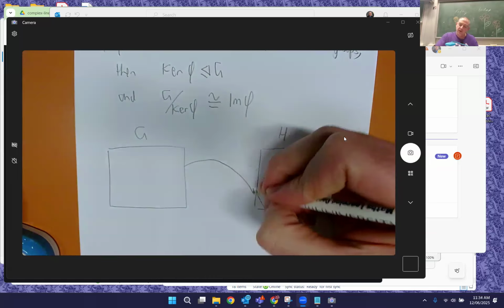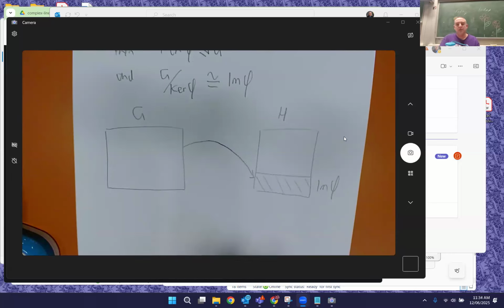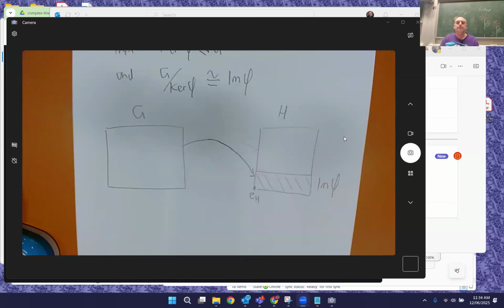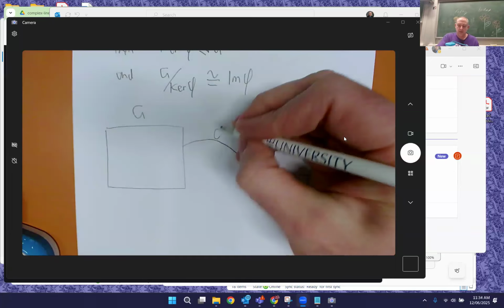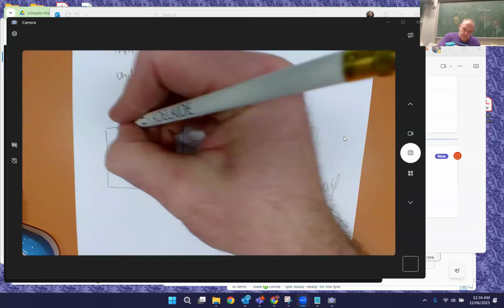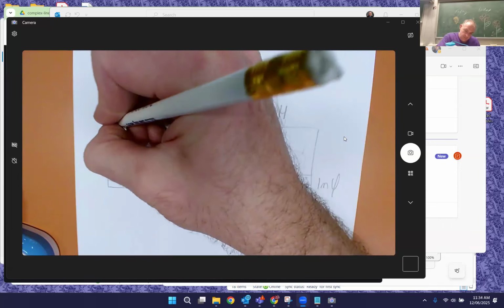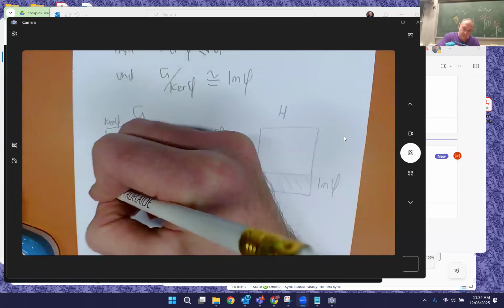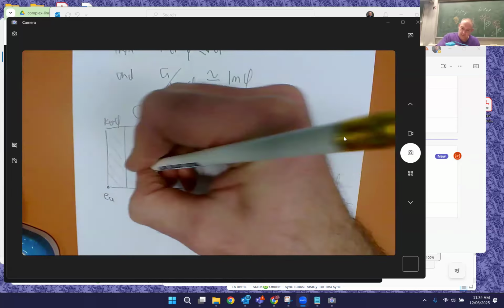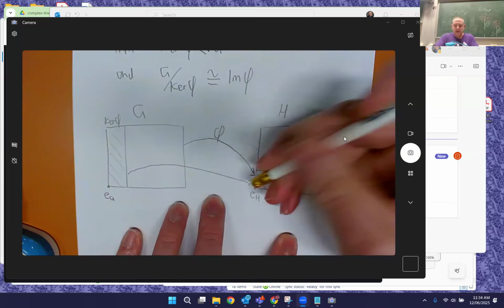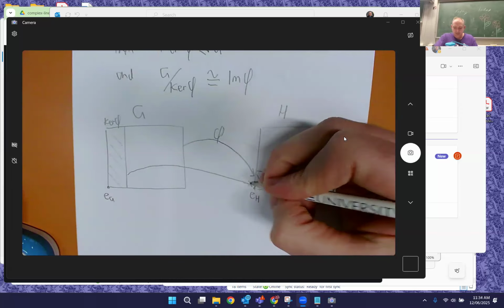There's a good reason I've drawn it that way instead of vertical. And then the kernel of phi I'm going to draw like this, and that will all end up here at the identity.